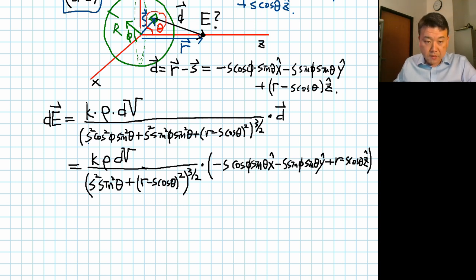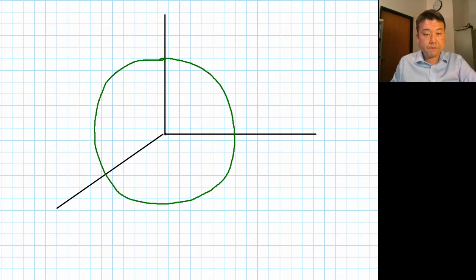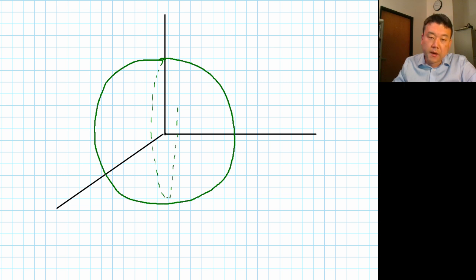Okay, I believe this is the time to address this dV. So let me bring up a new page and we'll talk about it. On this new page, I have my sphere drawn even bigger so that I can draw more clear figures. Let's say we are talking about a volume element that's just about on the surface of this sphere.